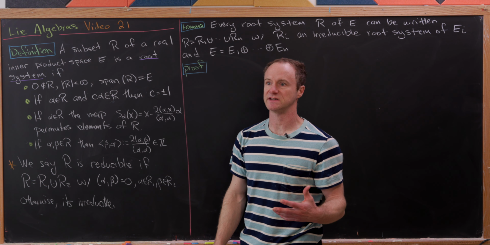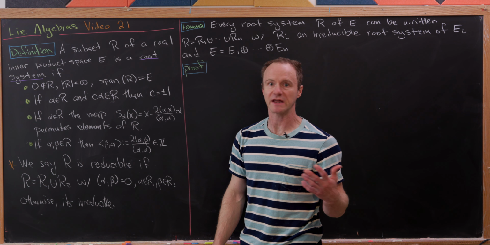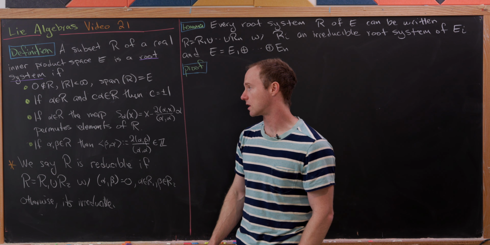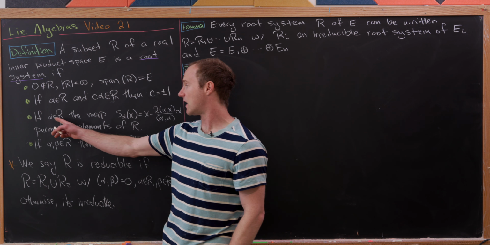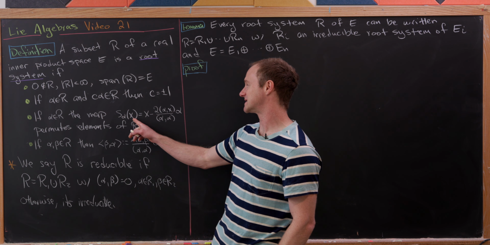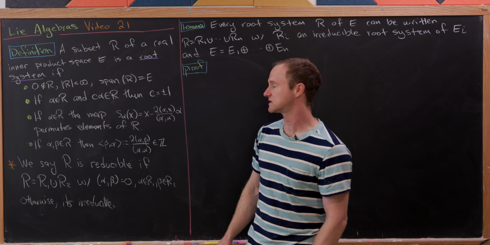So for instance, if alpha is in R, we know that 2 alpha or 3 alpha, etc. are not in R.